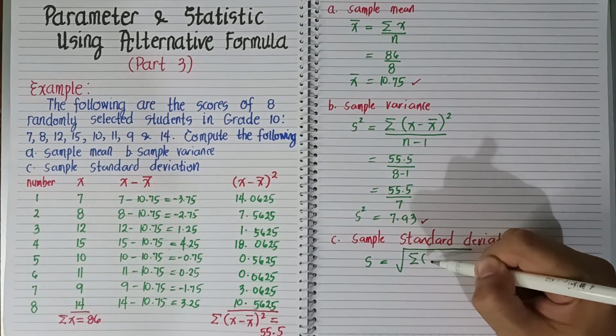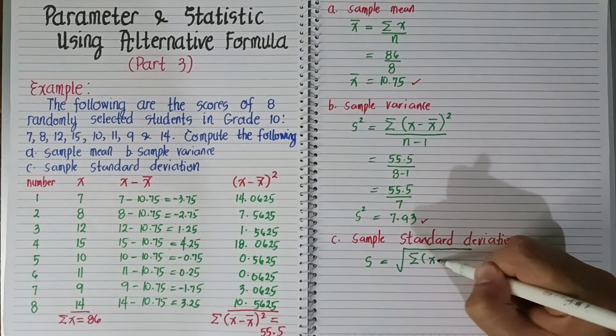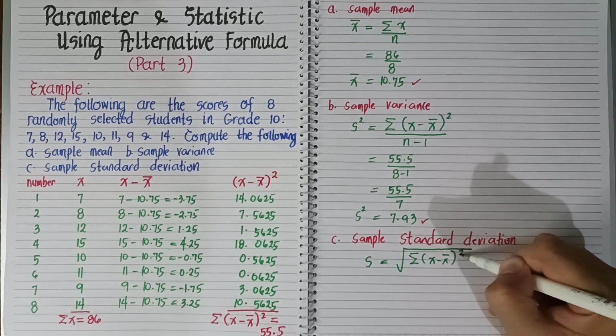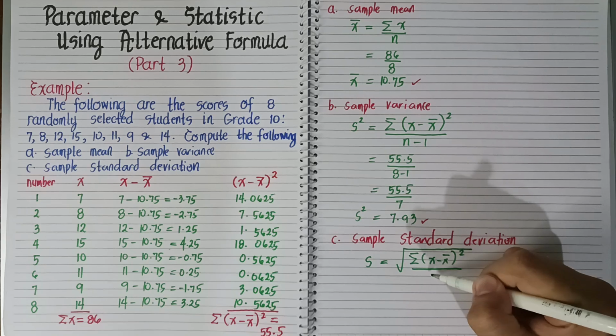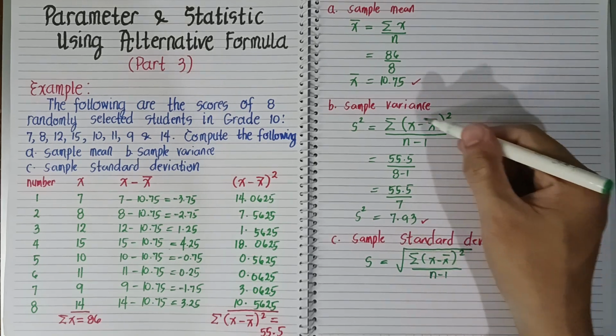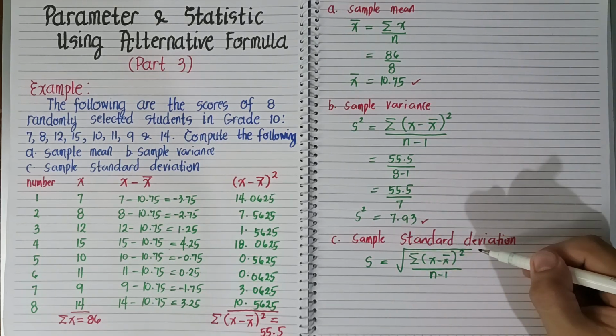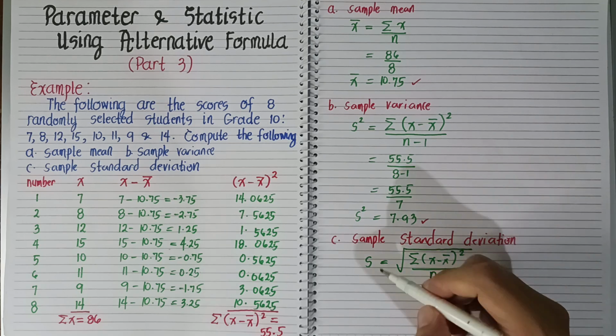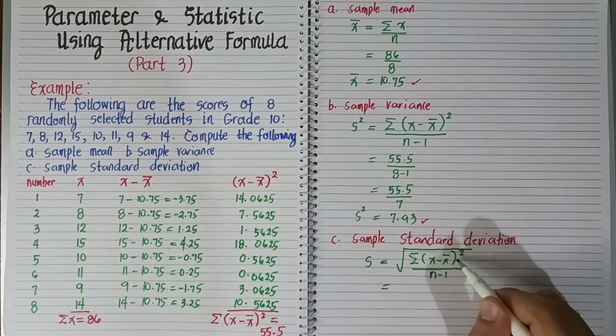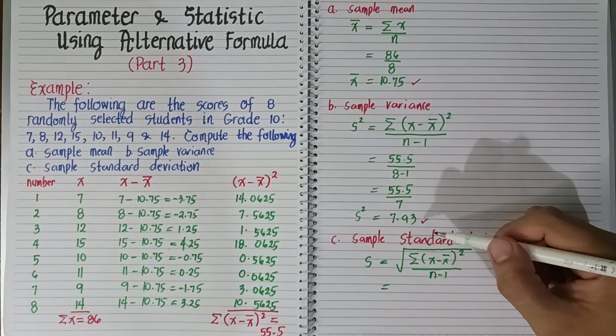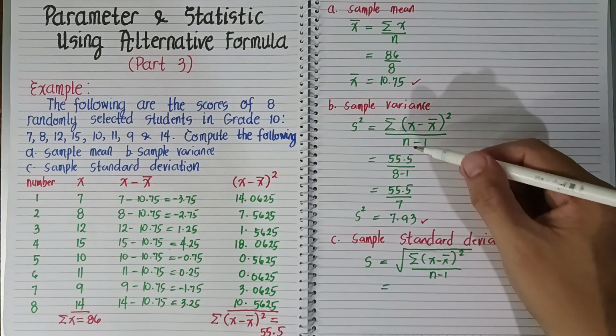Summation of the quantity x minus x bar squared over n minus 1. So, ito lang yun guys. Gawin nating radical or square root to. So guys, dito kaya sabi natin sample standard deviation square root ng sample variance.